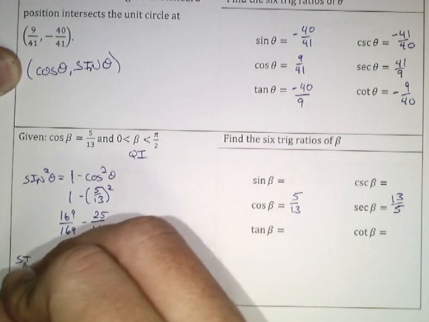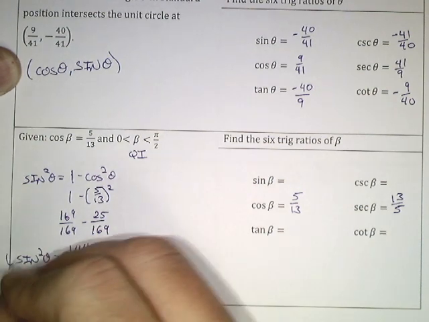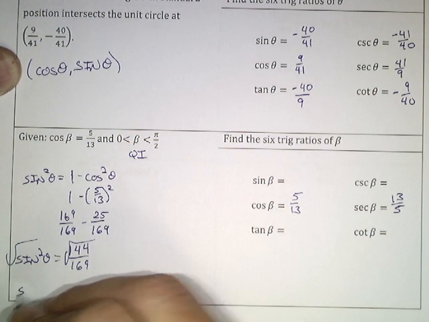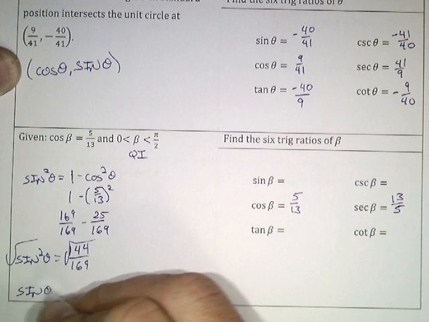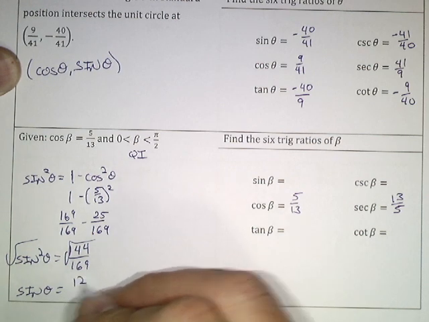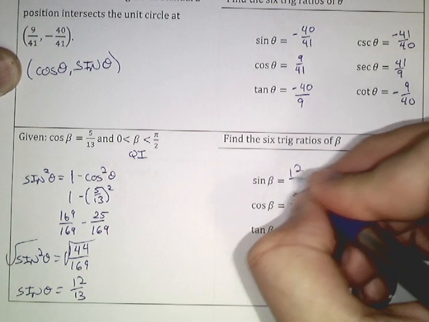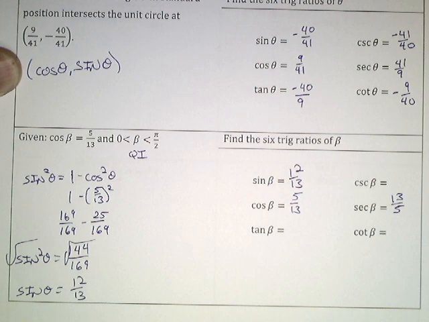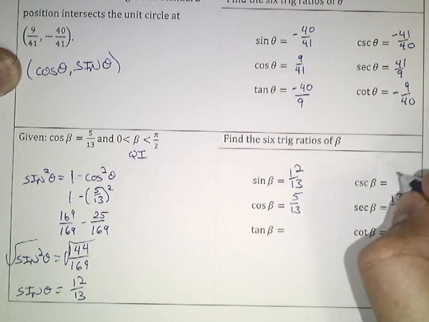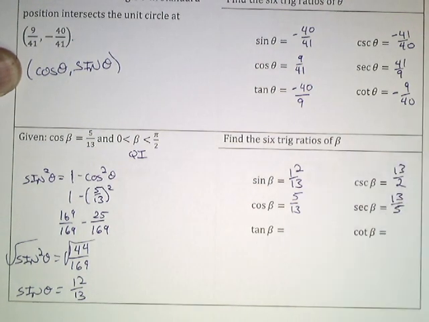So that will be equal to sine squared. Root both sides. Sine theta is equal to 12/13. And we know it's positive because we're in quadrant 1. So sine is 12/13, which means cosecant is 13 over 12.